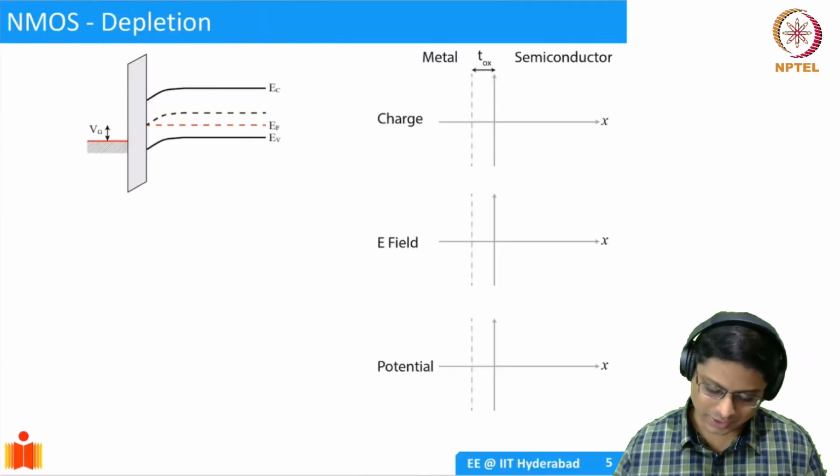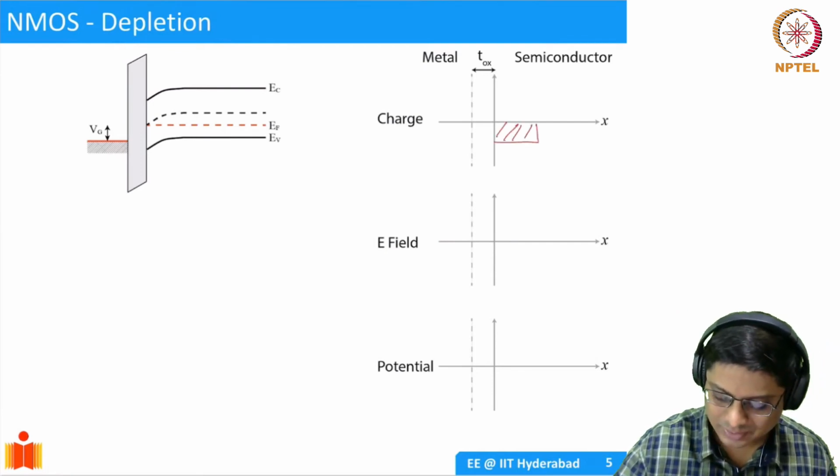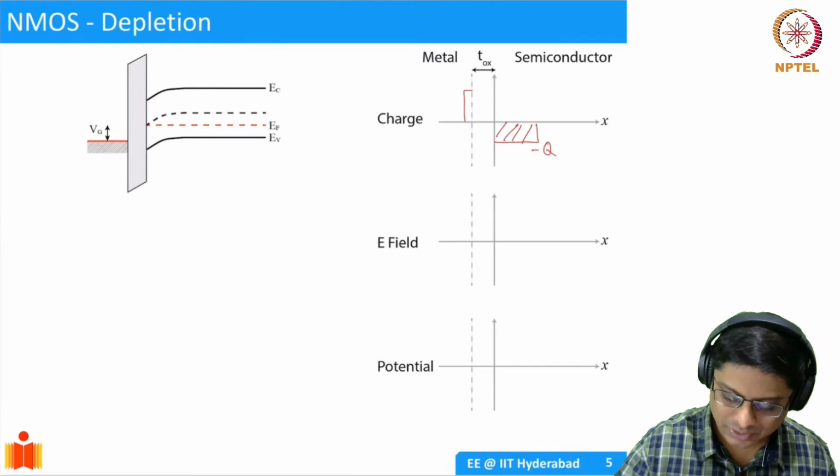And I have a much better looking band diagram here. For completeness, I'll just put this here, the same minus Q, and then there is a plus Q here.